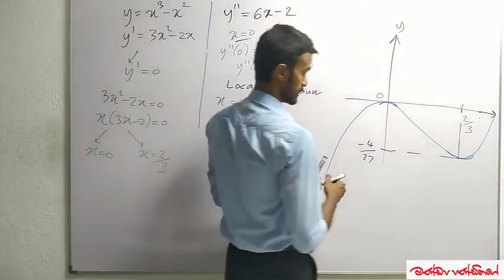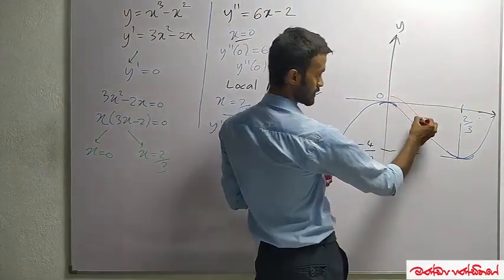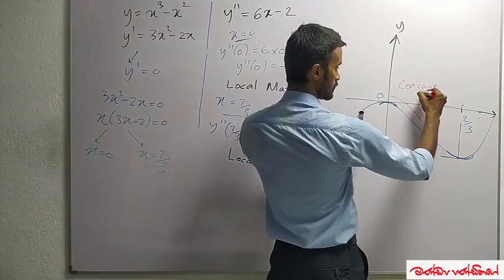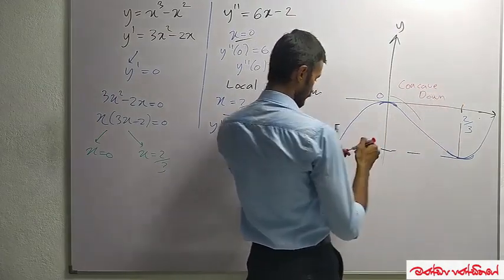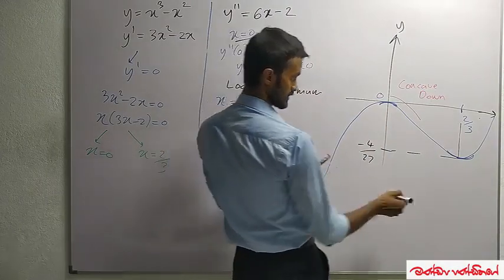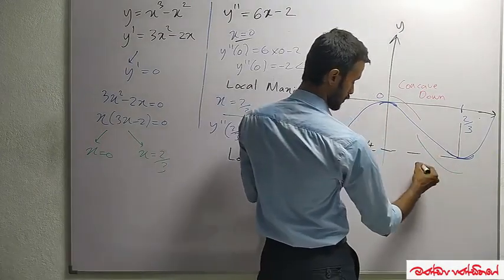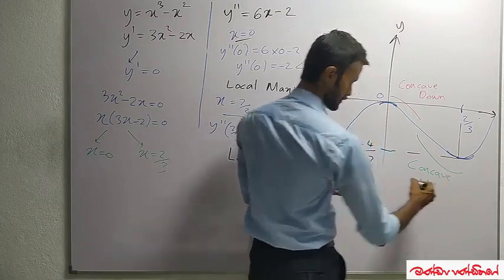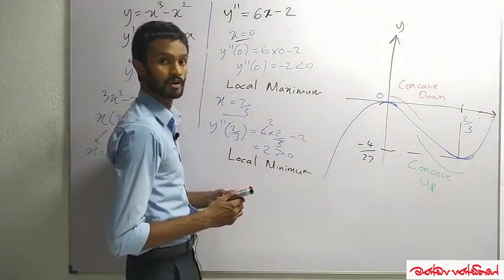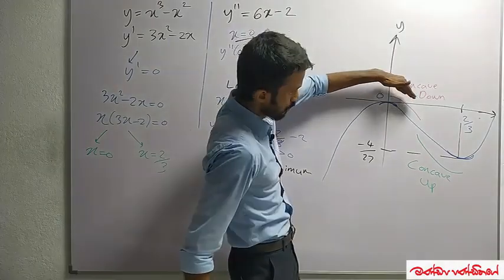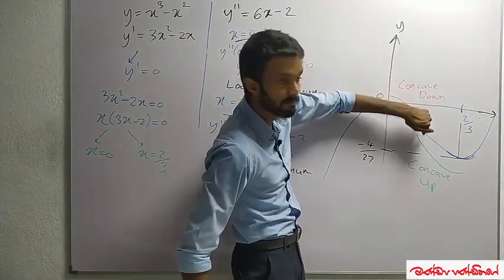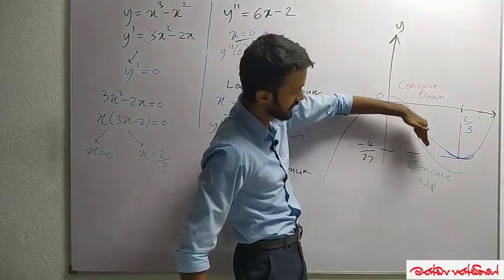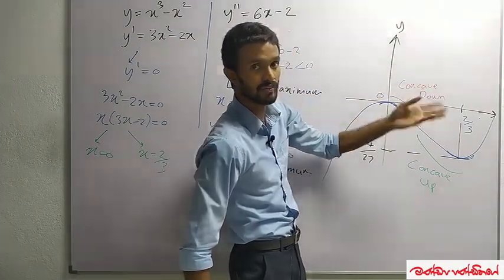Now just pay your attention. You get this as concave down. You get this as concave up. Which means going from concave down, at a point somewhere around here, the concavity of the graph has been changed.